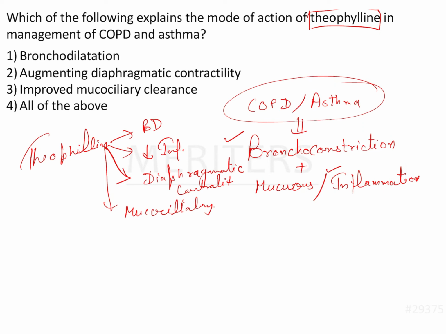So the answer to this question is all of the above, because these are all functions of theophylline, and that's why it is given in the management of COPD and asthma.